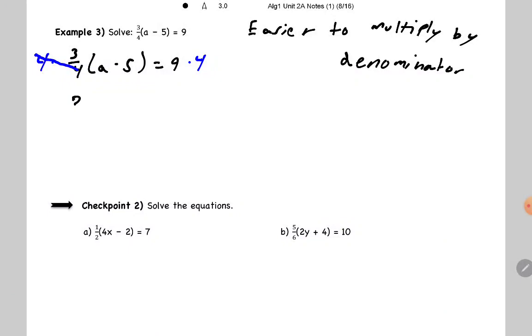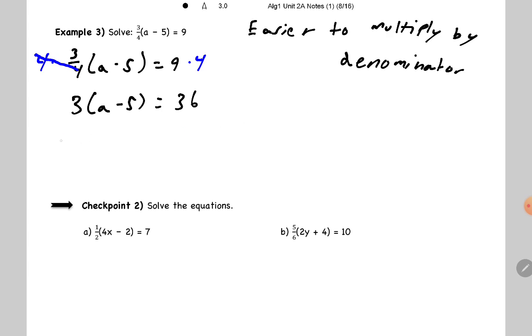So I'll have 3 times the quantity a minus 5 equals 36. Now, I can distribute, or I can divide. So I'm going to do this in 2 different methods.